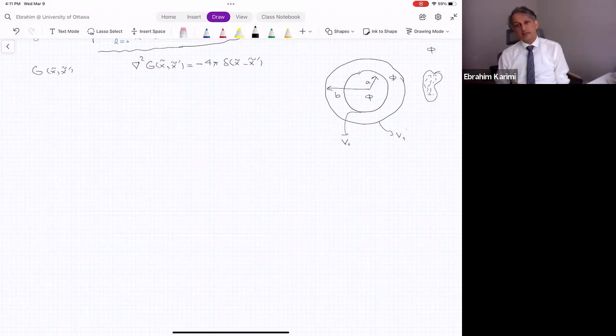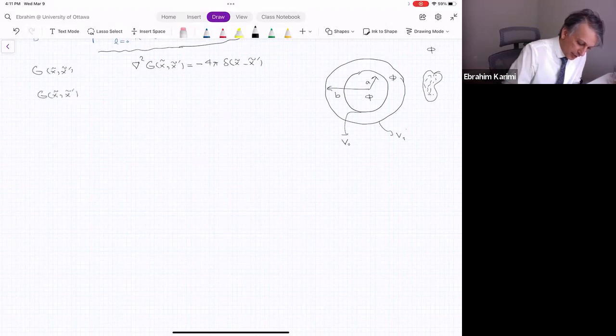What is the symmetry here? It's spherical symmetry. Then you expect that it will be expanded in terms of theta and phi and r as well. So what you are expecting for g of x and x prime, and we know that x, of course, will be given in terms of r, theta, and phi, and the same situation for x prime, which will be in terms of r prime, theta prime, and phi prime.